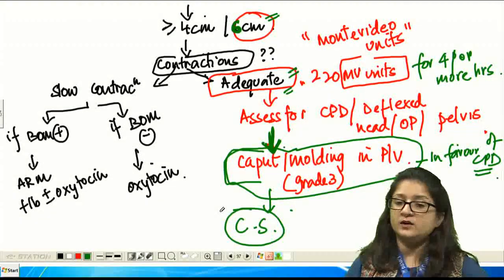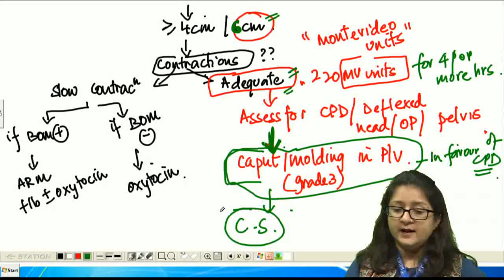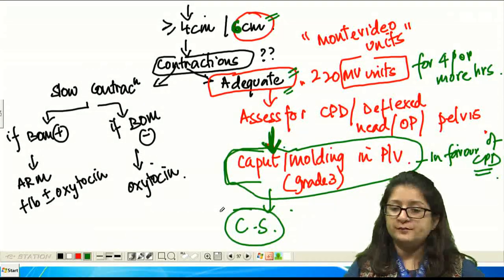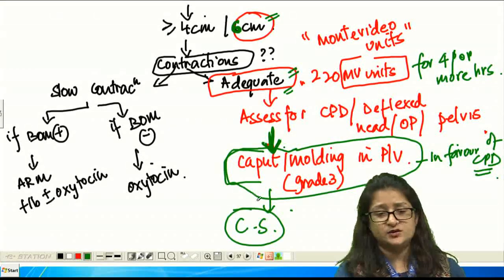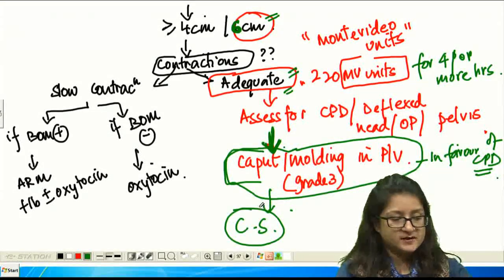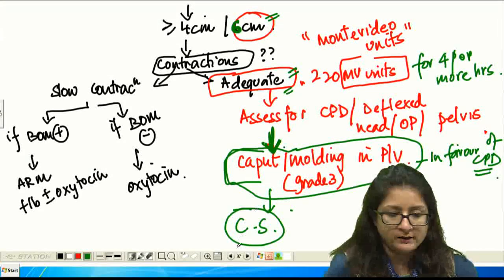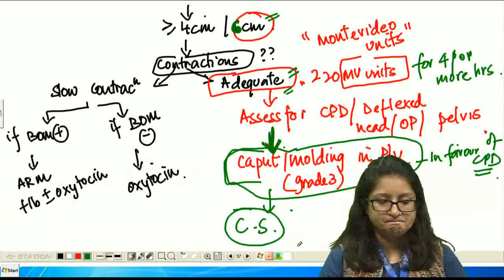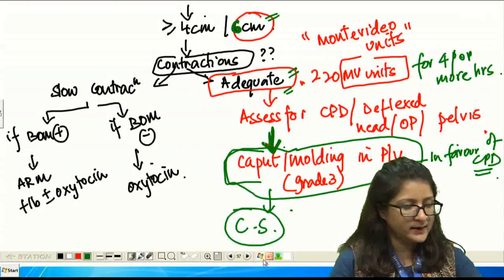So this is heading towards arrest. The cause of arrest in this situation would be CPD, and then the management would be cesarean section. So this is how such questions about labor are going to be attempted. All right, so now let us see the questions that we wanted to discuss in the beginning.